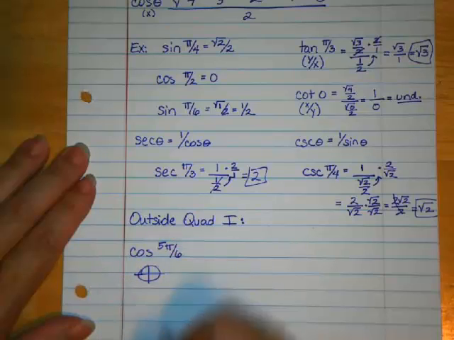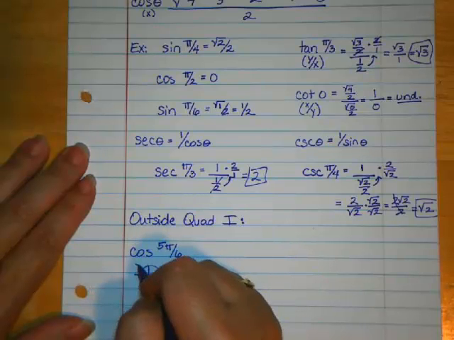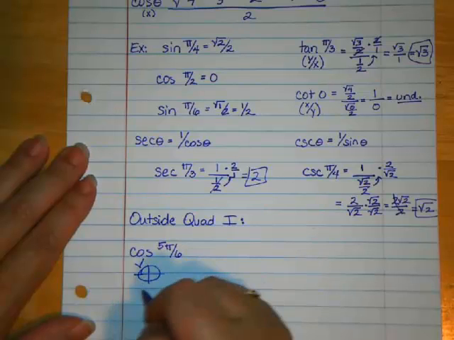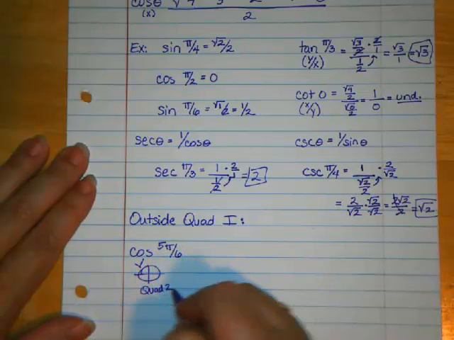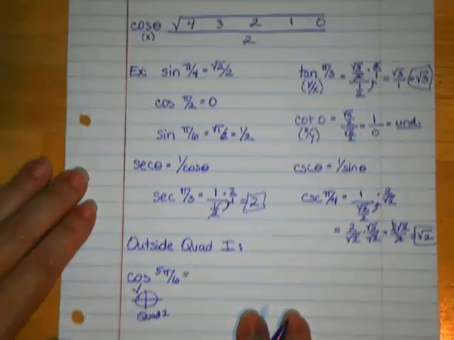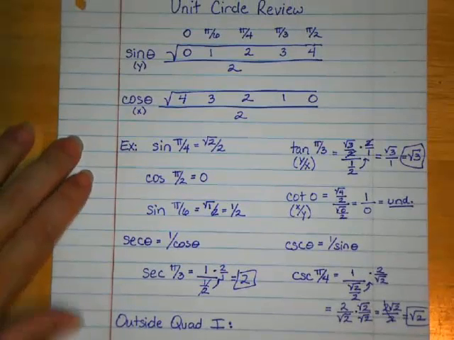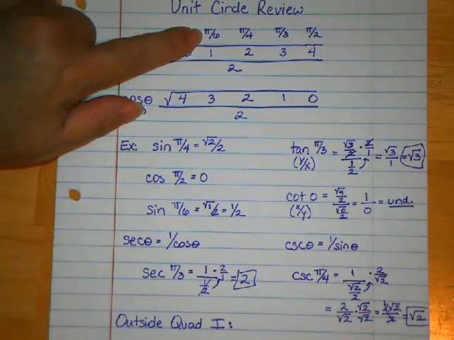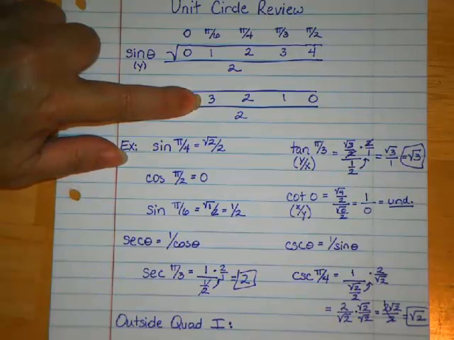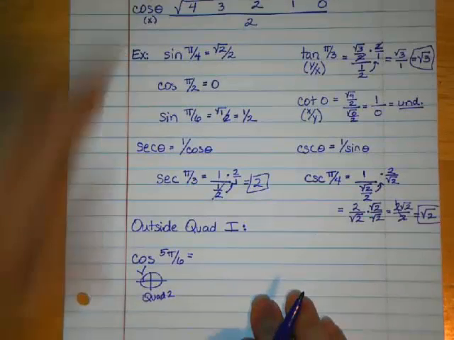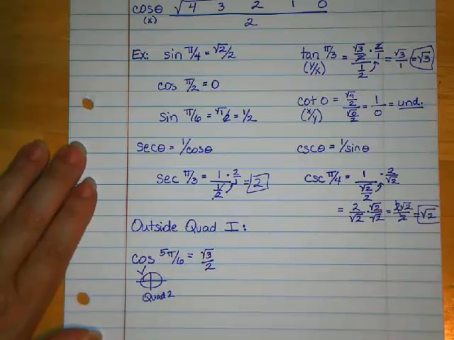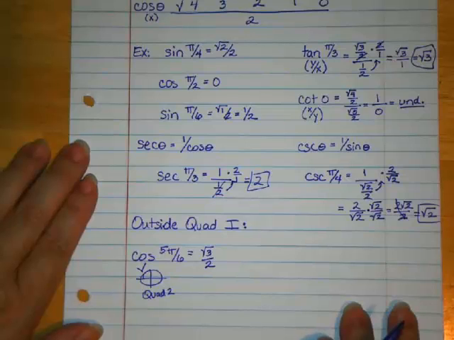I want to do the cosine of 5 pi over 6. Now, 5 pi over 6, you must think about where that is. You're going to have to know that 5 pi over 6 is in quadrant 2. Okay, so we're in quadrant 2. Since the denominator is a 6, I need to go to the cosine line, and I need to look at pi over 6.